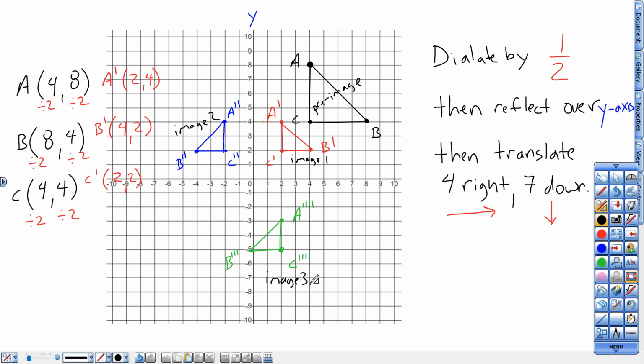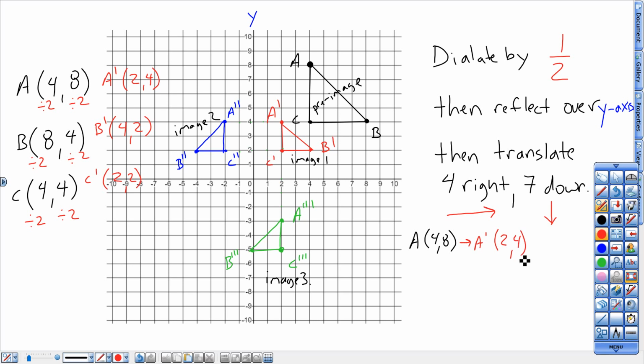One day, knowing that in Math 1 next year, you will have to be smart with your points, which means if you look at this first point A, that started off at (4, 8). But then when I dilated it down, the new A was those points divided by 2, (2, 4).